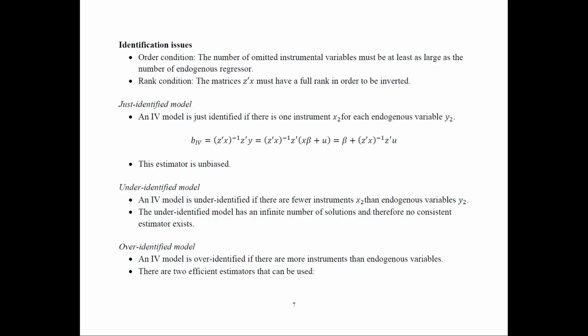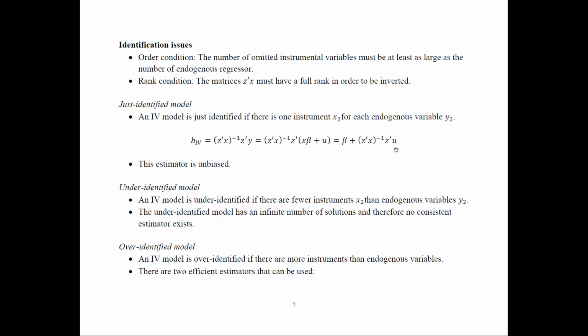For the just identified model, what we call the just identified model is when we have one instrument x2 for each endogenous variable y2, and in this case b for IV, the estimate here, would be Z prime X inverse Z prime y, and if we replace y with the original expression, then we would have beta plus this.